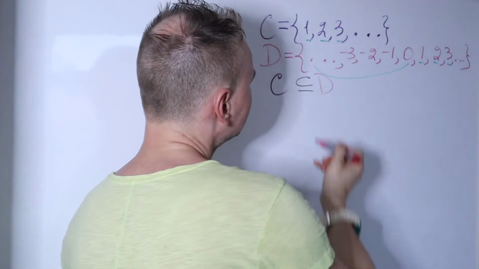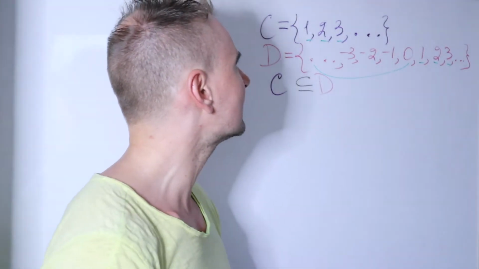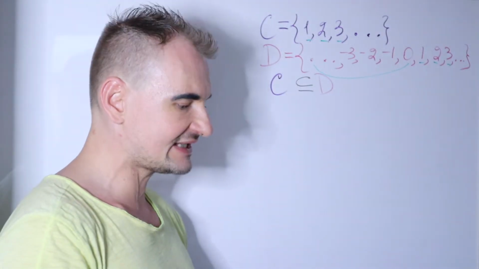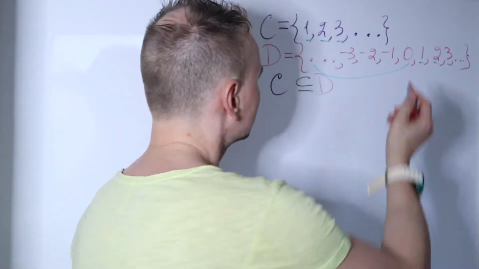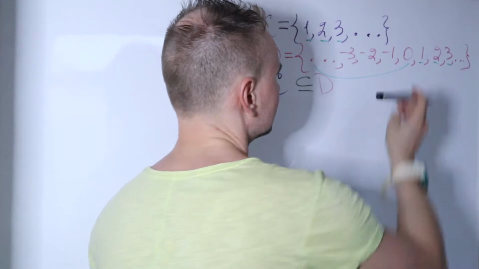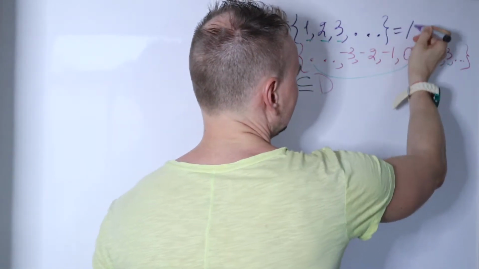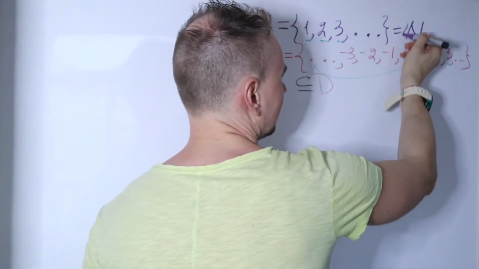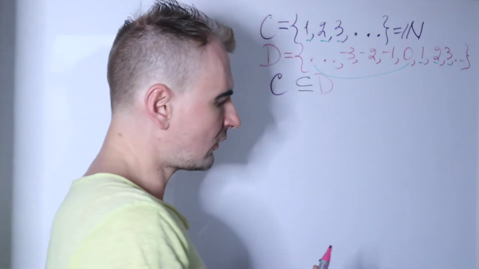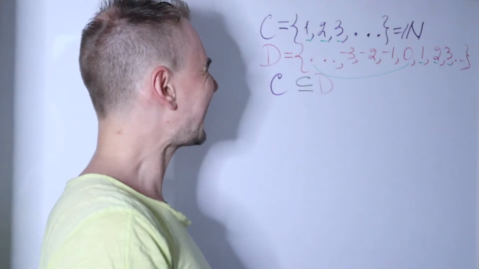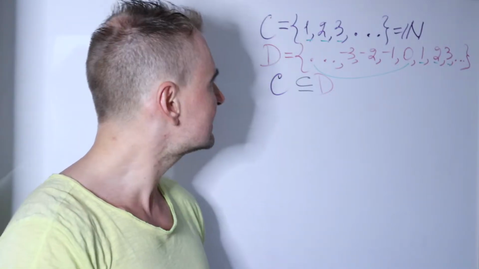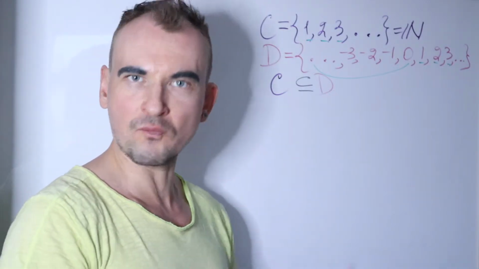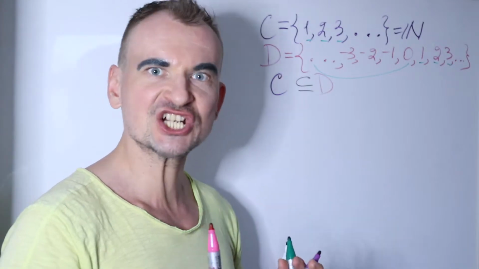So in fact, if you look carefully, set C is just a set of all natural numbers, normally denoted by the symbol capital N, or sometimes just a bolded N. Also, if you look carefully at set D, you might notice that D is just a set of whole integer numbers.